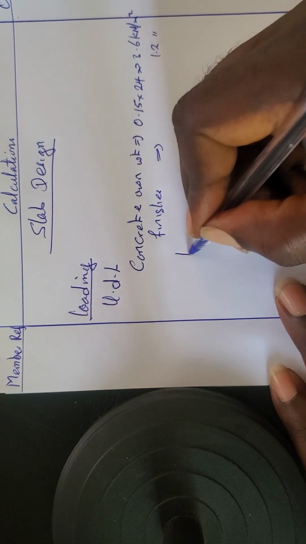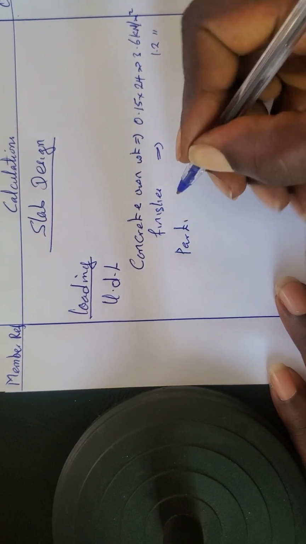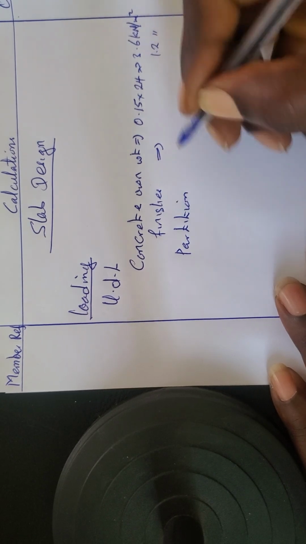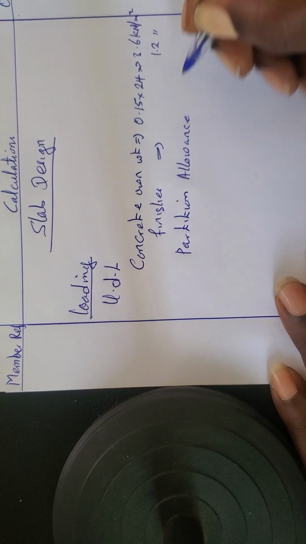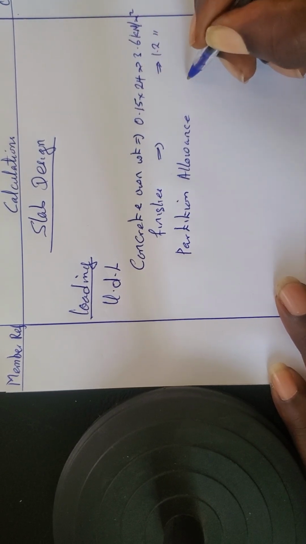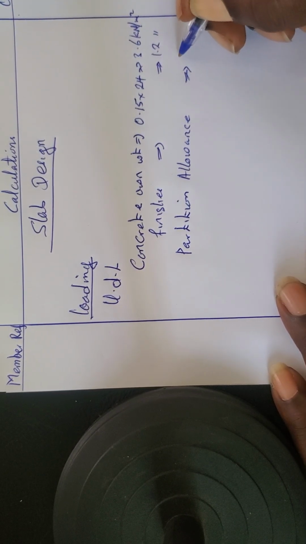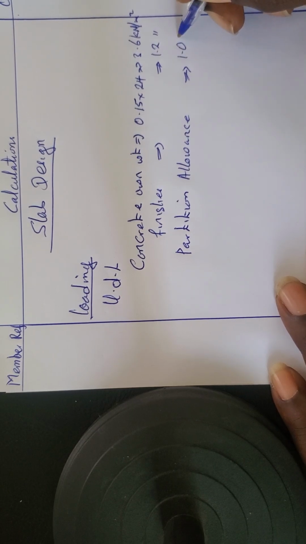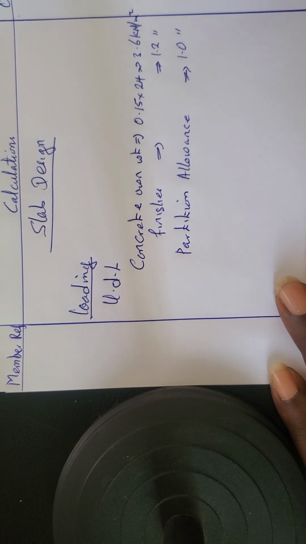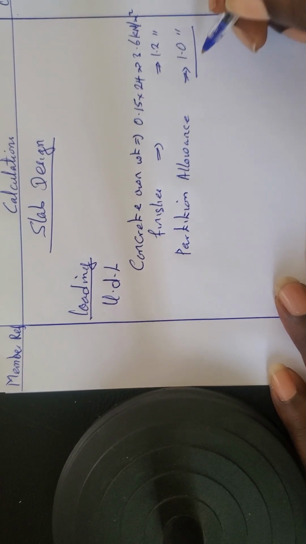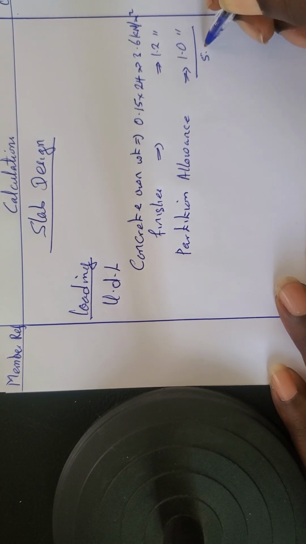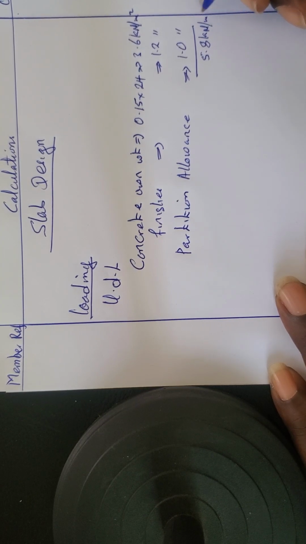Then we have partition allowance to be 1.0 kilonewton per meter square. So if you calculate, this one will give me 5.8 kilonewton per meter square.